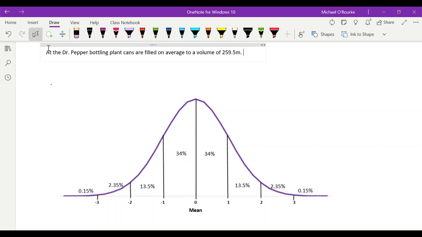Dr. Pepper plant cans are filled on average to a volume of 259.5 milliliters. The standard deviation is 0.4 milliliters. All right. And we'll build a couple questions off that.